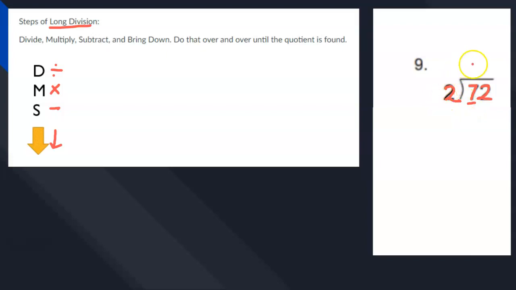Can 2 go into 7? It can. 2 times 2 is 4. 2 times 3 is 6. 2 times 4 is 8. We'll stop there. If we need to come back and add some more multiples of 2, we will.